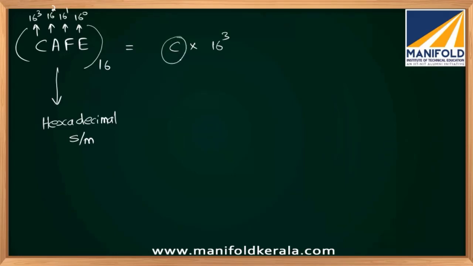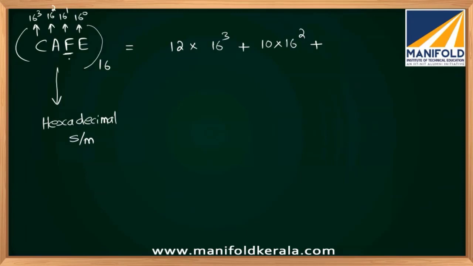C represents 12. So it is 12 into 16 cube plus A into 16 square. But what is the value represented by A? It is 10. 10 into 16 square.